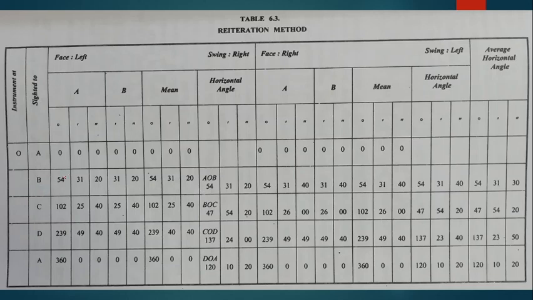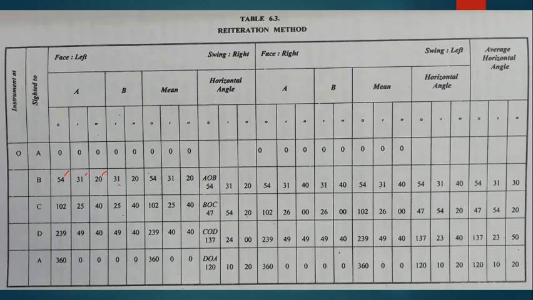The reading on vernier A is 54 degrees 31 minutes and 20 seconds. That means the main scale reading on vernier A is actually 54 degrees and 20 minutes, and the vernier scale coincidence is 11 minutes and 20 seconds; when you add 11 and 20, it is 31 minutes and 20 seconds.